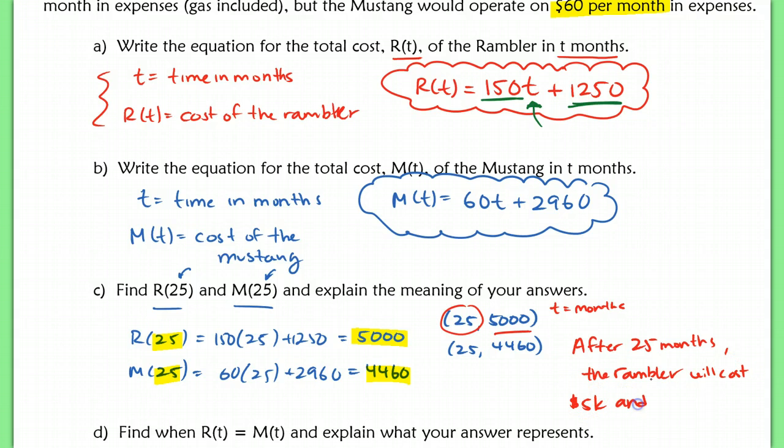And the Mustang will cost $4,460. Alright, so that's how you interpret that answer.